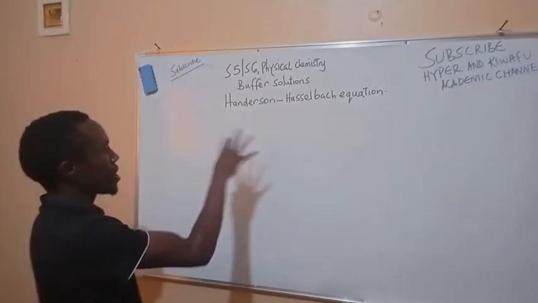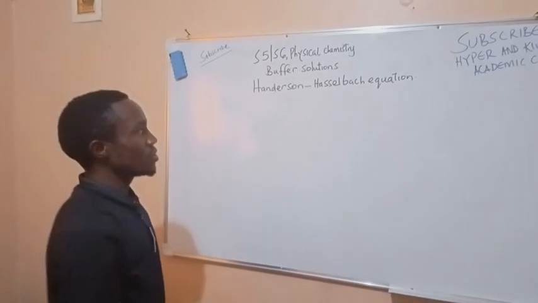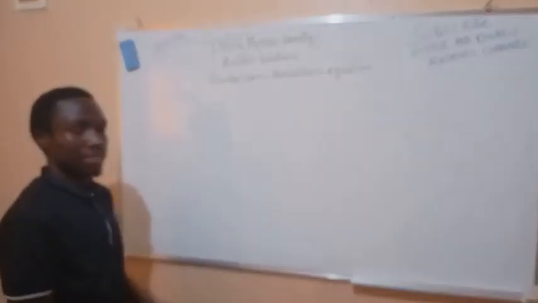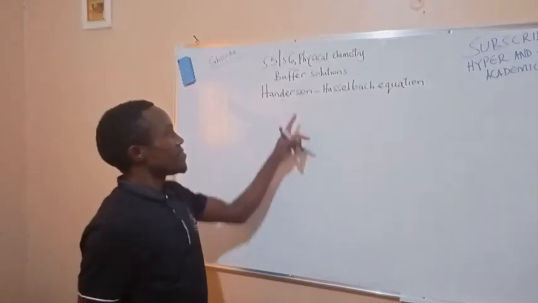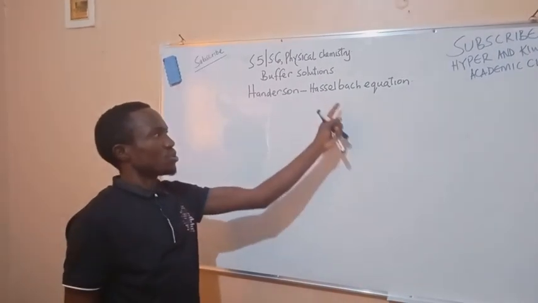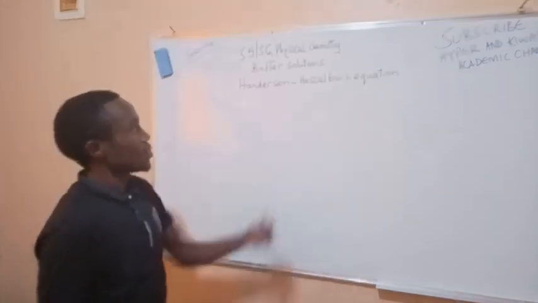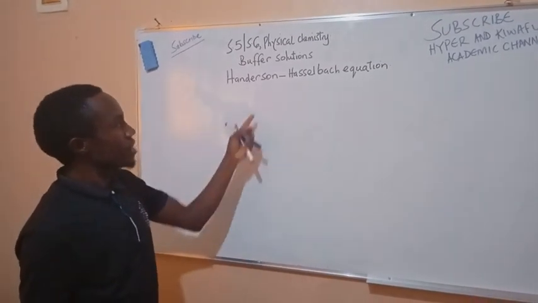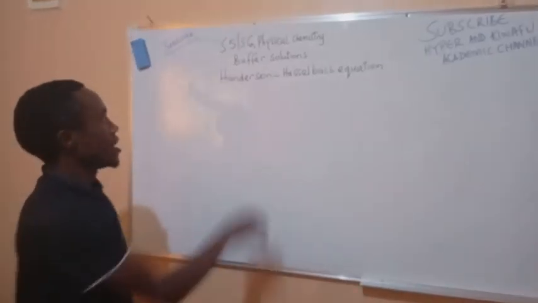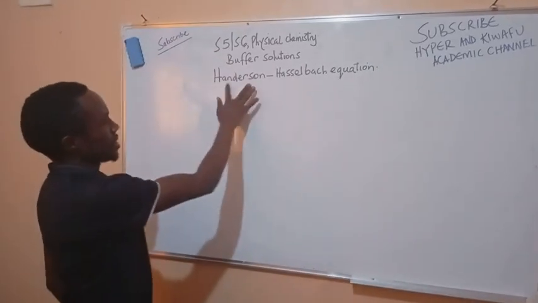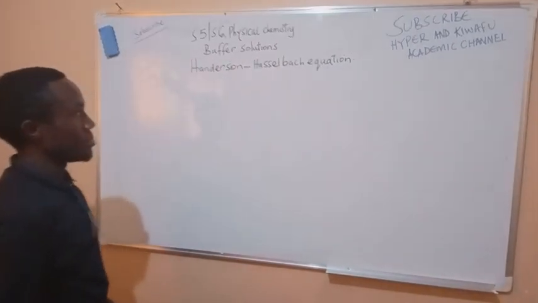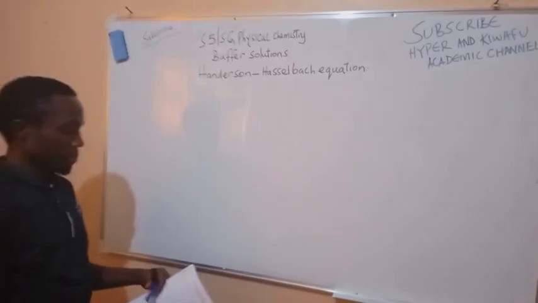We have looked at acidic buffers and basic buffers in our previous videos, but in this video we want to see the acidic buffer equation of Henderson-Hasselbalch, and also the alkaline buffer equation of Henderson-Hasselbalch. This simply means that this was Henderson, this was Hasselbalch, and these people combined and did studies about these solutions.